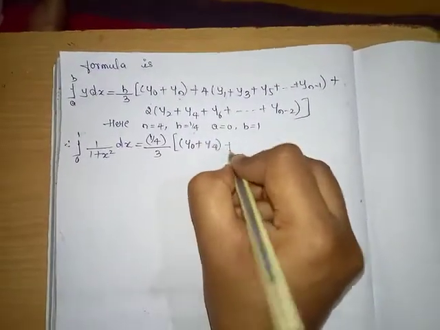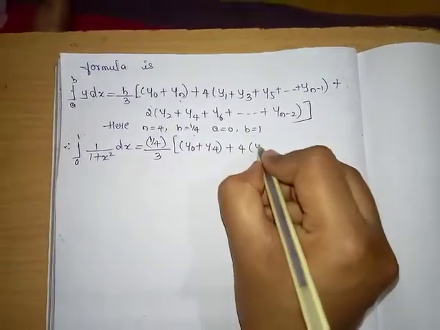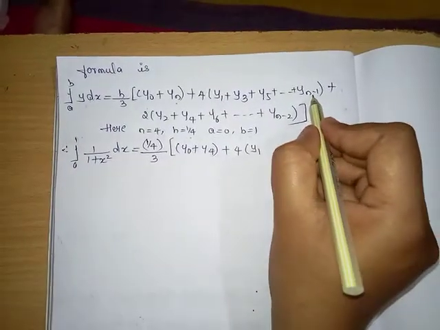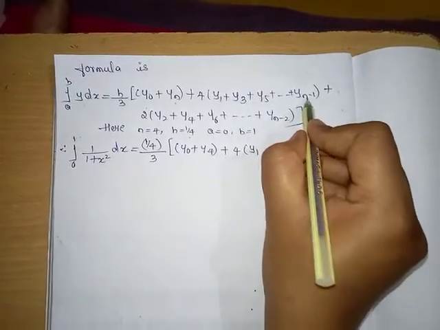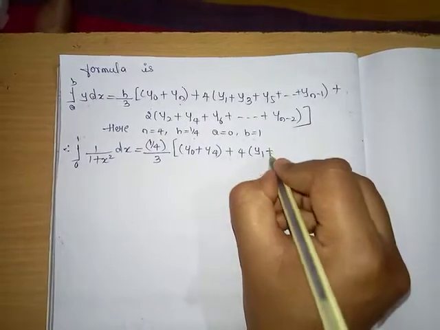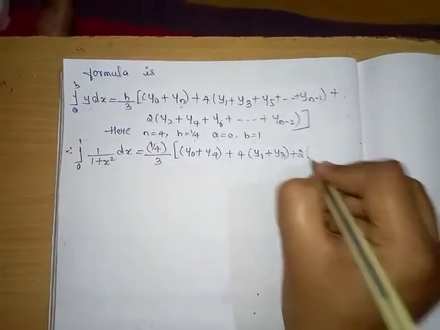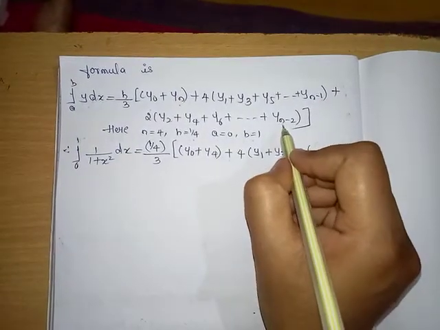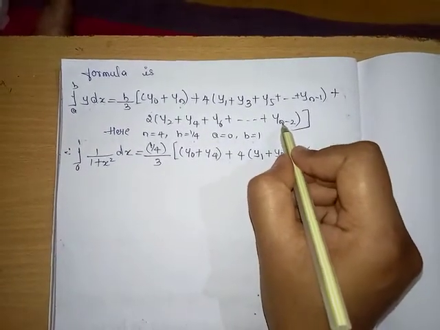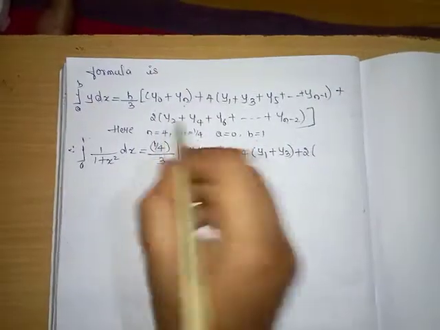Then plus 4 into y1. See here, we have to write the terms up to n minus 1. N is 4, 4 minus 1 is 3, so it is only up to y3. Plus 2 into, we have to write the terms up to n minus 2. N is 4, 4 minus 2 is 2, so it is 2 into y2.